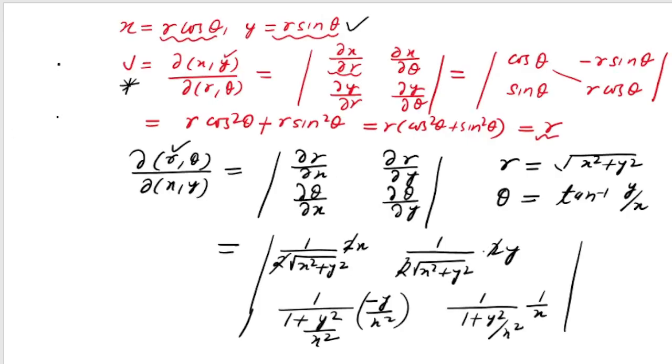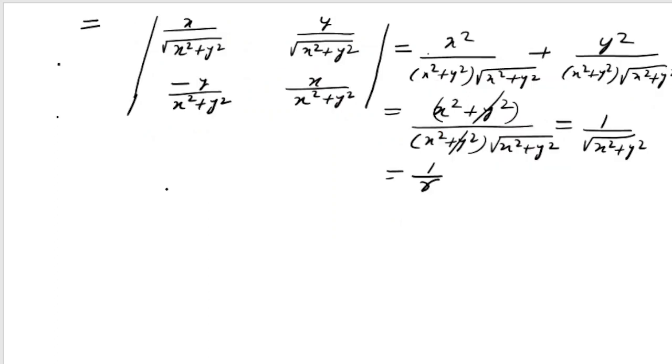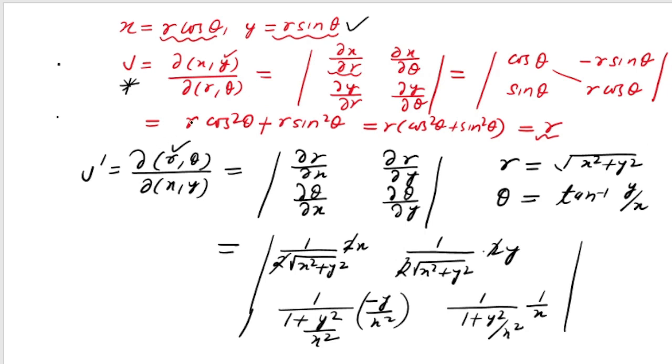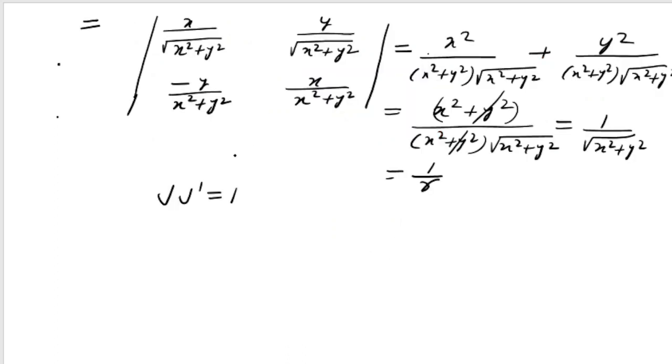So we have just shown one very important property: if I was calling J as del of xy by del of r theta, and if I call this quantity J dash, then we have the property that J into J dash is equal to 1, because the Jacobian of transformation del xy by del r theta was r, and the Jacobian of transformation del r theta by del xy is equal to 1 by r. So this is true in general. I have shown you with the help of this example.